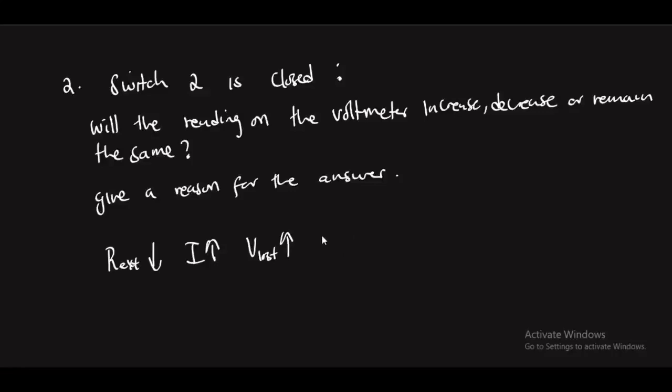Now V external decreases. Why do I say that? Because we know that V lost is equal to IR. When I increases, V lost increases, so we have to minus something larger from the EMF, meaning we will have less volts left to use in the circuit.